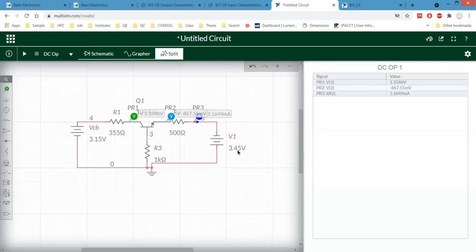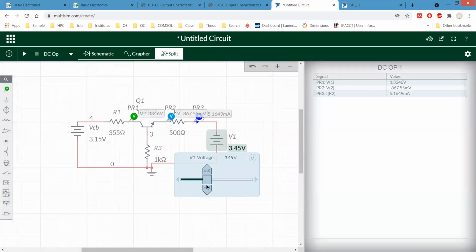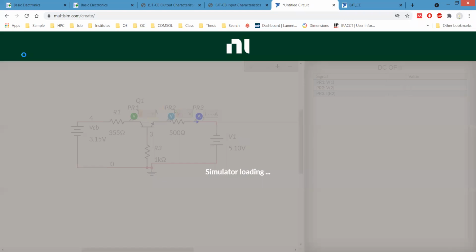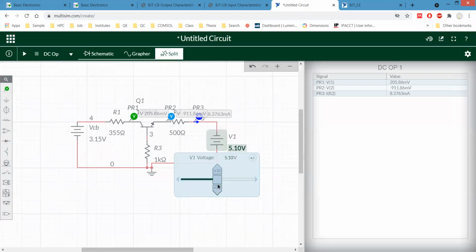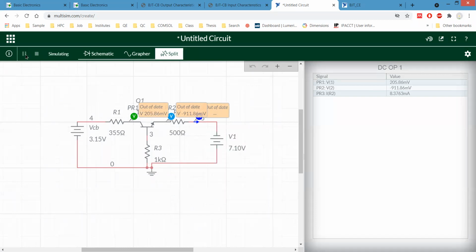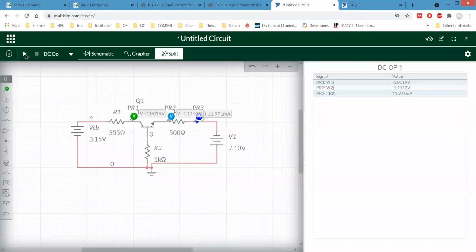Noted, sir. Okay, good. Now increase the potential to some different, higher value. I think current is increasing. No, still it is in millivolt. Okay, please don't note down that value. We want to increase it up to 1 volt or something like that. Yeah, it is 1.11 volt and current is 11 milliampere.